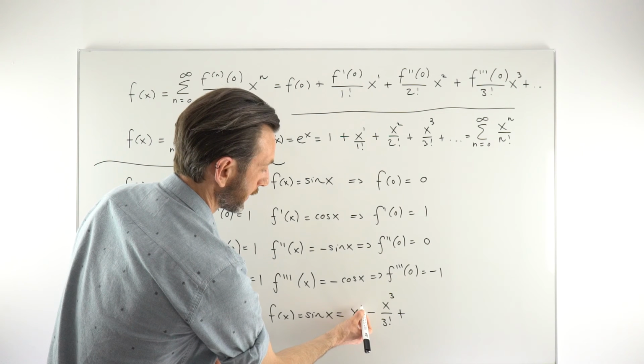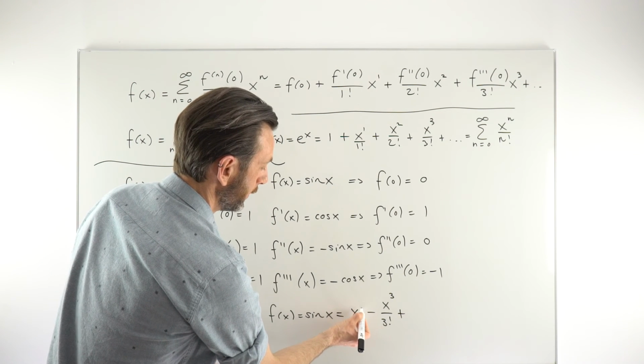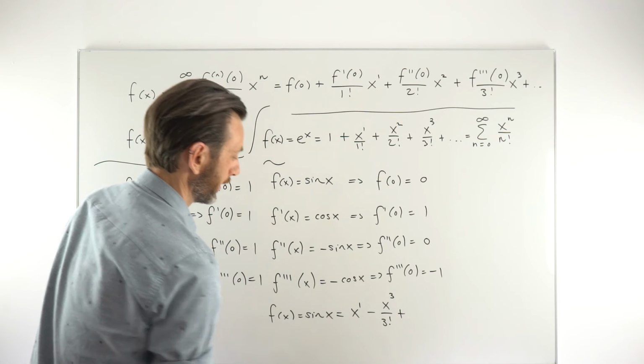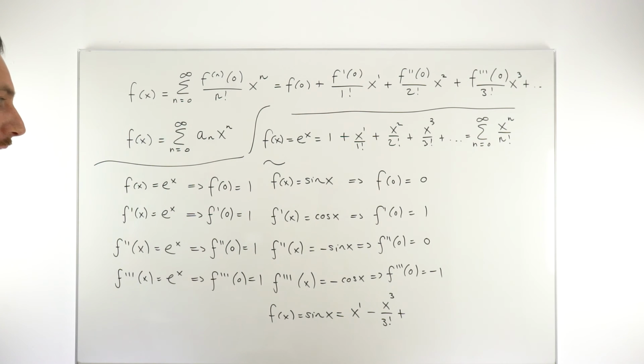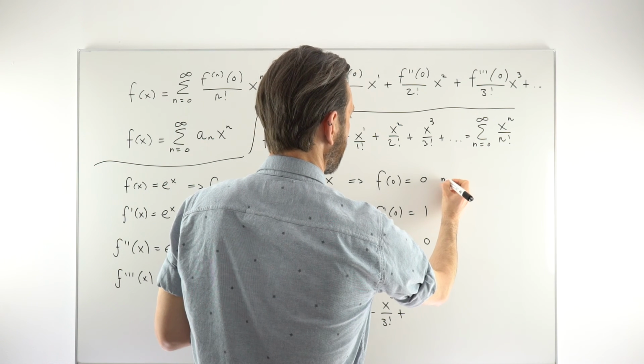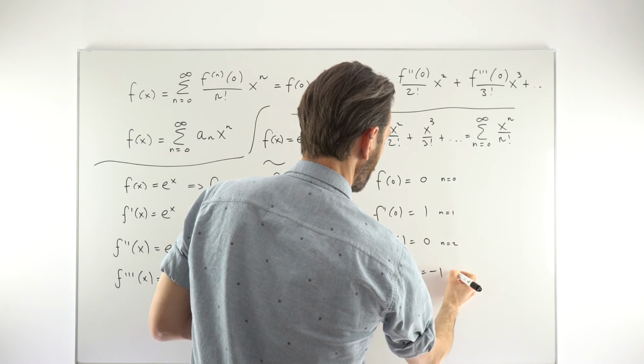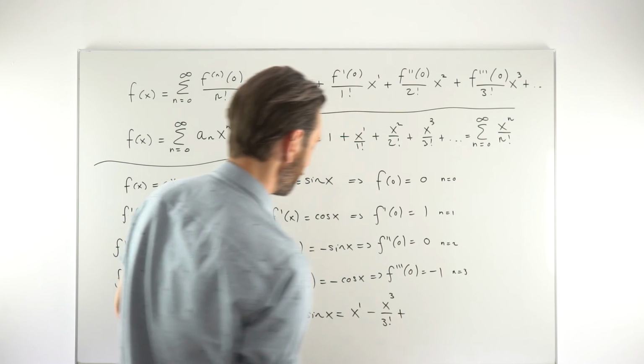You can see already it's basically missing out all the even terms, and I'll give you a little clue about that. So this is effectively a 1 here. But remember that for this term here, this is when n was 0, this is when n was 1, this is when n was 2, and this is when n was 3.